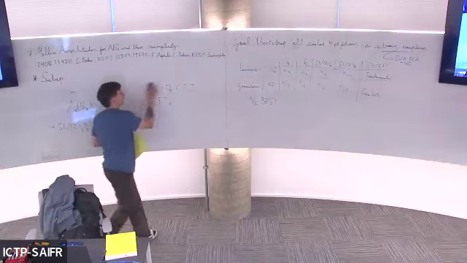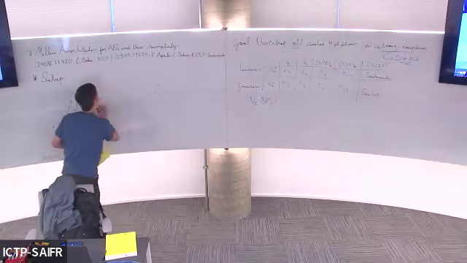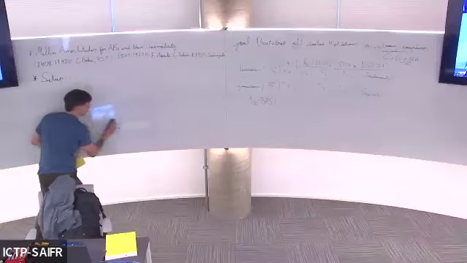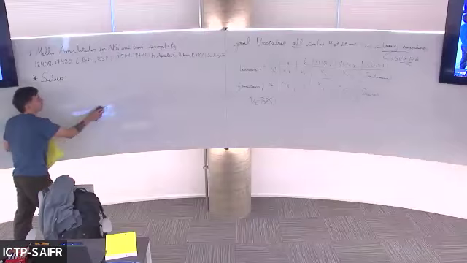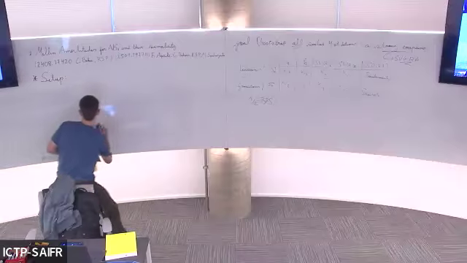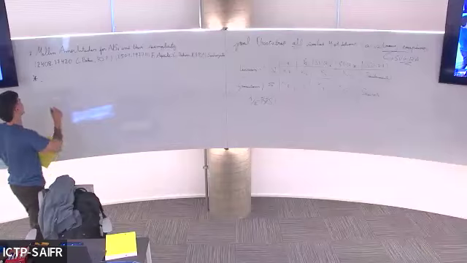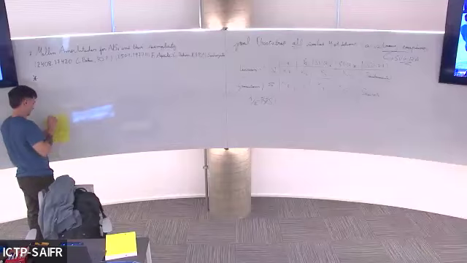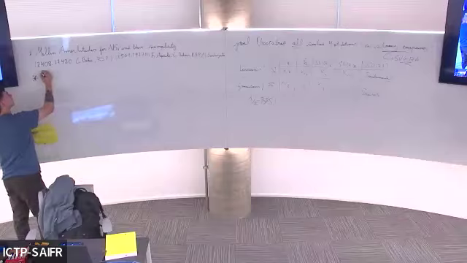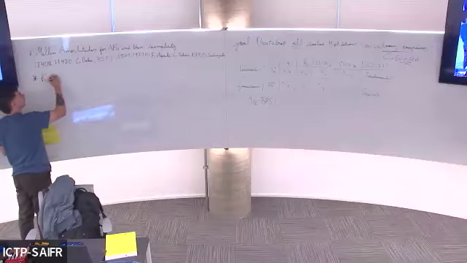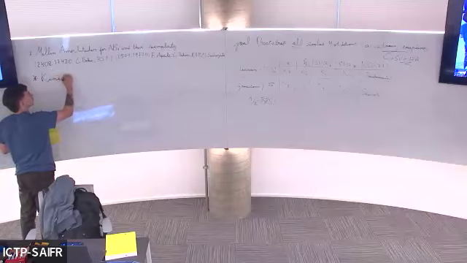And before we start bootstrapping, I need to talk a bit about kinematics, as every holographic correlator paper does. So let's talk a bit about kinematics. I'm going to be very brief here.